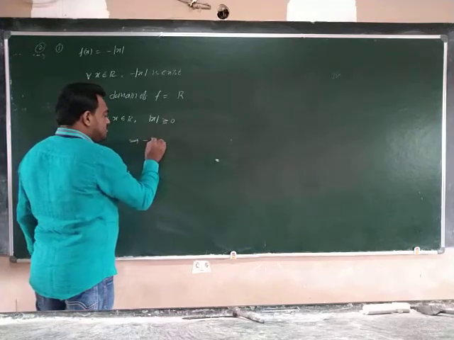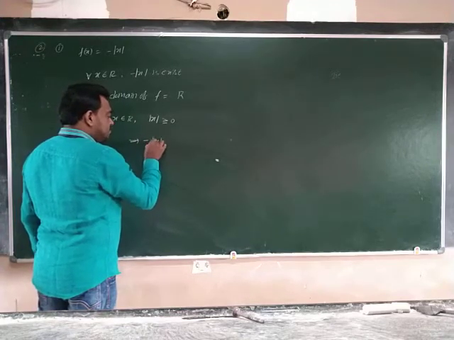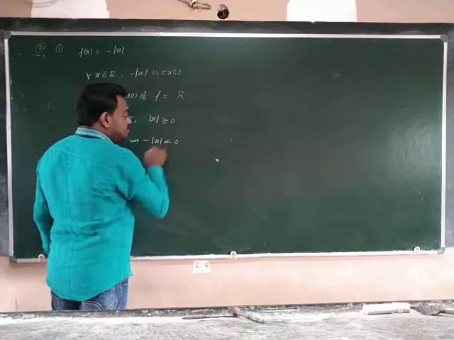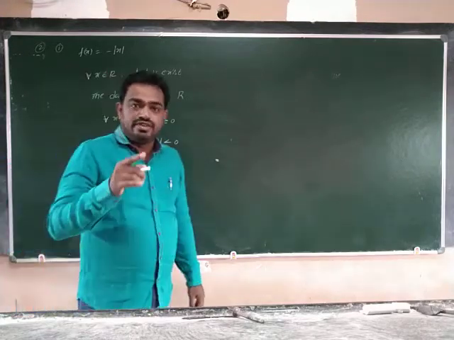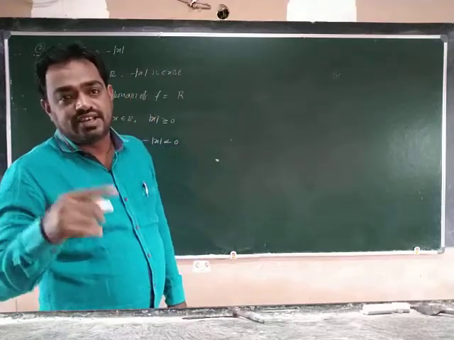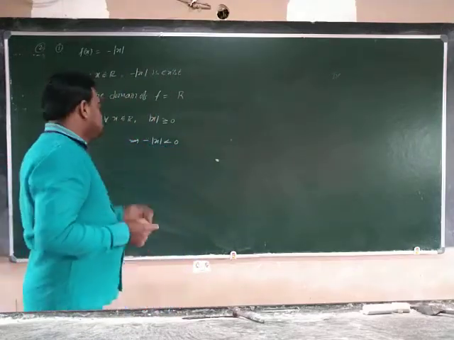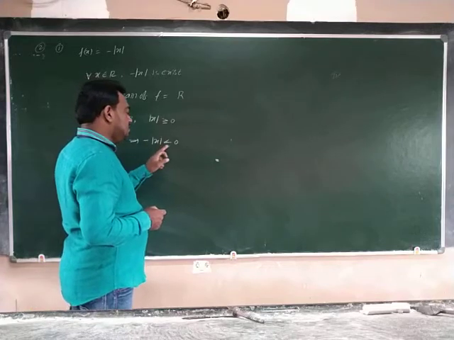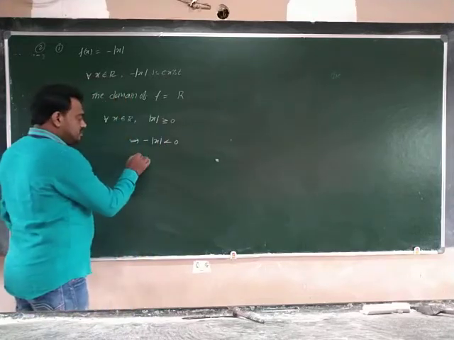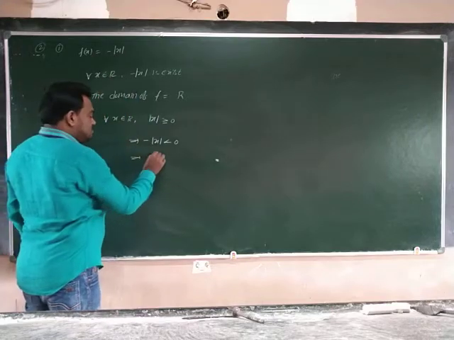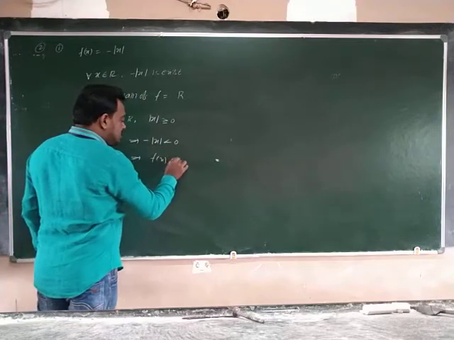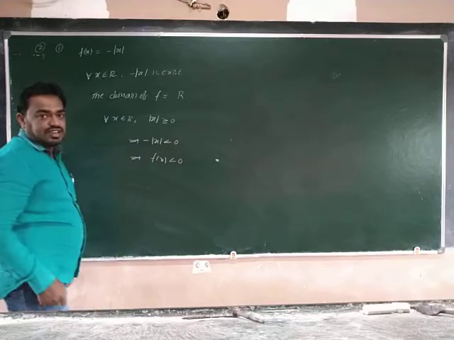So minus of modulus of x is less than or equal to 0. When we multiply with minus, the greater than changes to less than. So minus modulus of x, which is nothing but f of x, is less than or equal to 0.